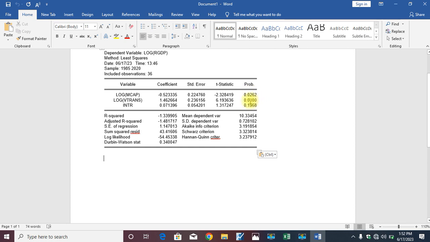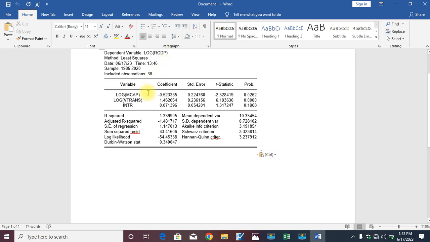Given the fact that the p-value is below the threshold and the t-statistics is above the threshold, we conclude that a long-run relationship exists between the value of transaction in the stock market and ROGDP in Nigeria.